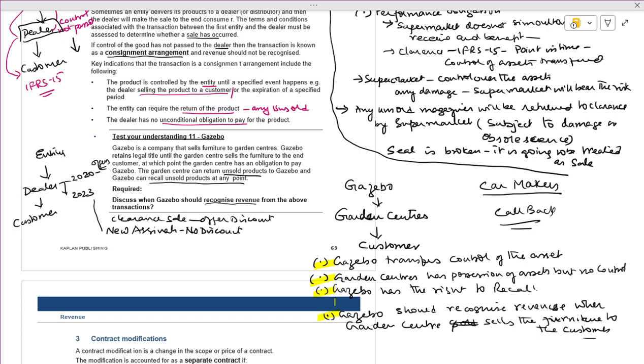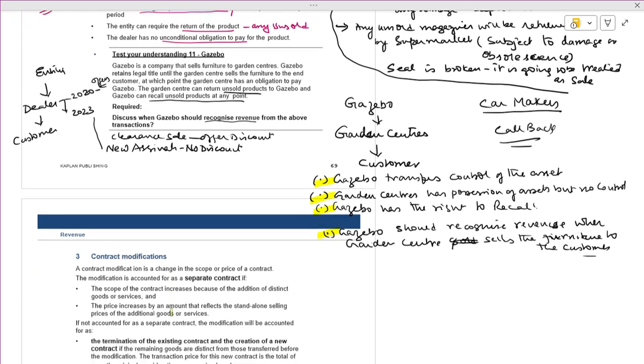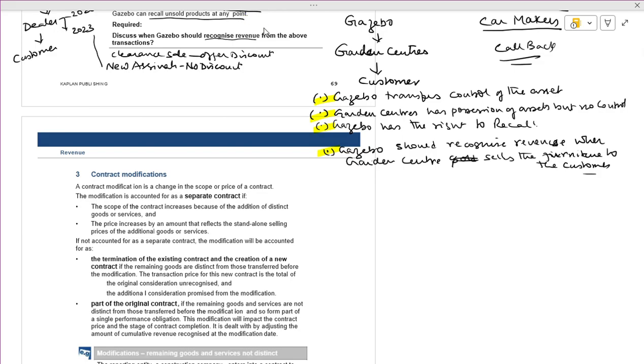Okay, next, what it says. Now, sometimes what will happen, a contract is going to be modified. A contract modification is a change to the scope or price of the contract. If there is a contract modification, a modification is accounted as a separate contract.